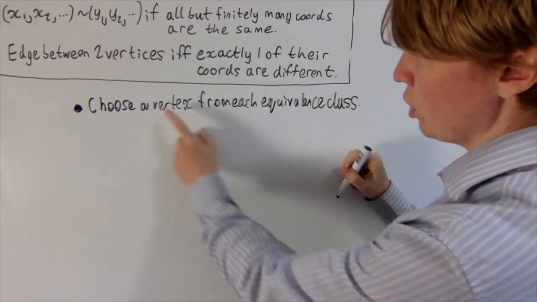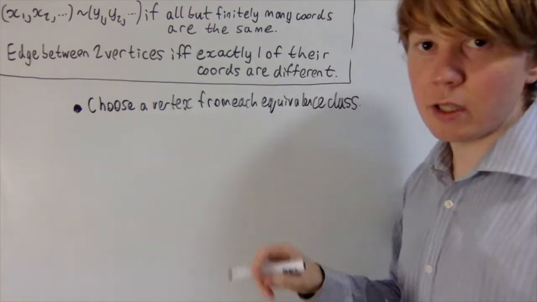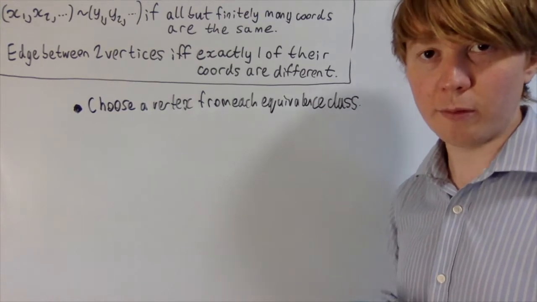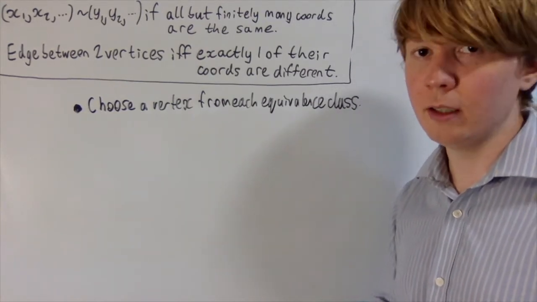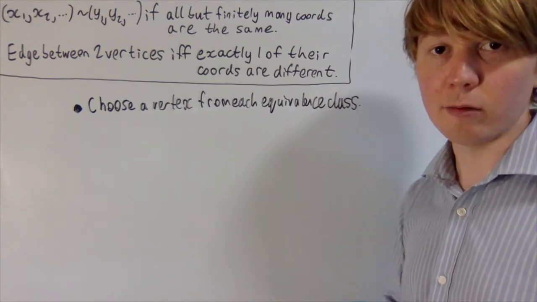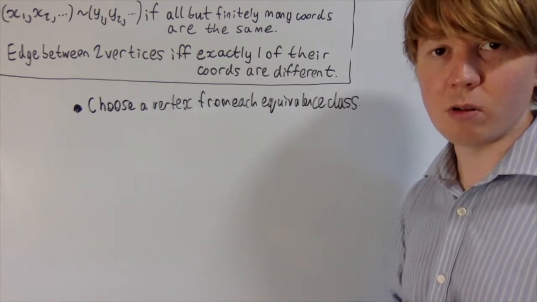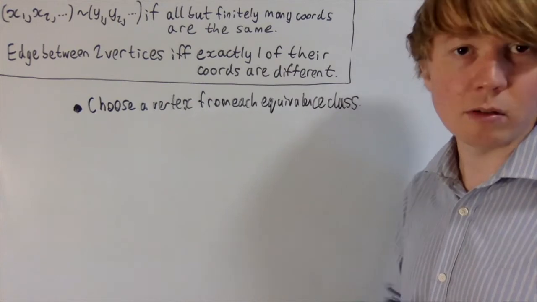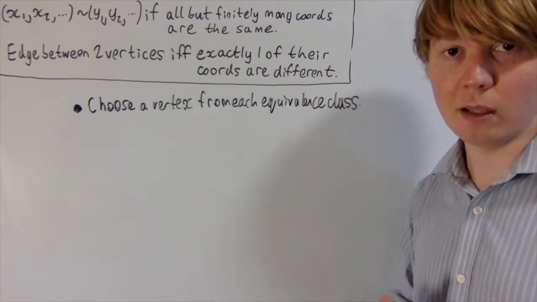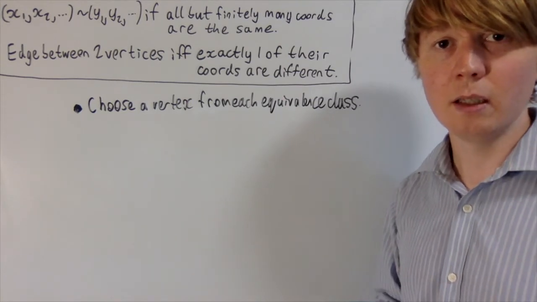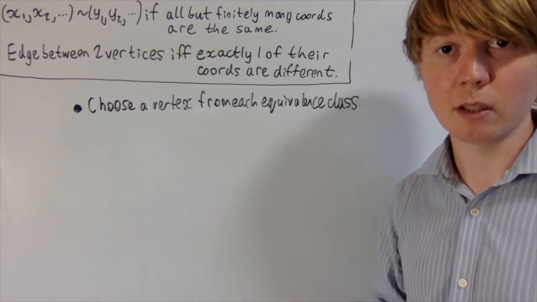So here, basically, we're using the axiom of choice because there isn't necessarily a way of using a fixed rule to choose a vertex. You can't choose the one that has the most ones in it. There might be infinitely many, and you could have as many as you like. You can't choose the one that has the most zeros or choose one that follows a certain pattern. So this is where we're relying on the axiom of choice to be able to just make this choice to get us started. We've chosen a vertex from each equivalence class.